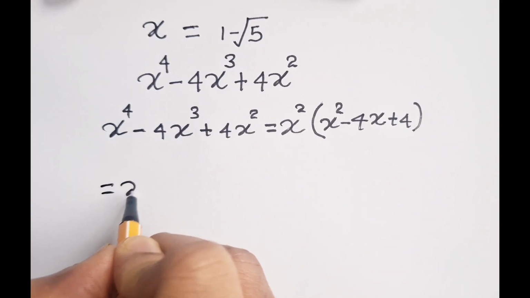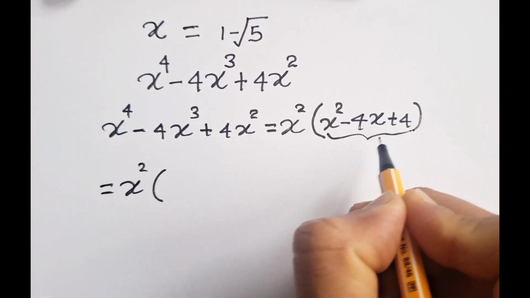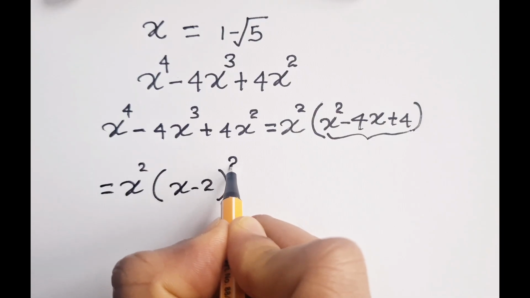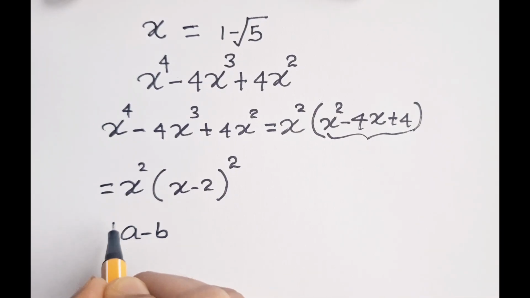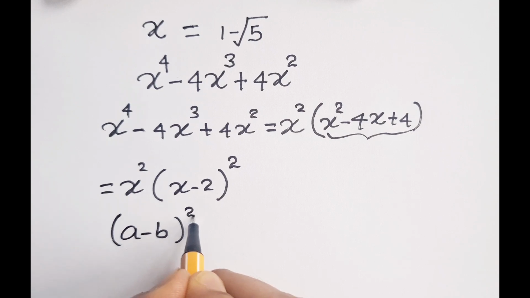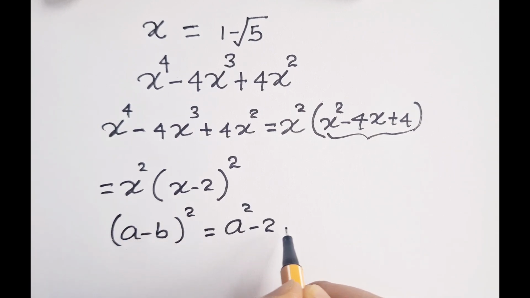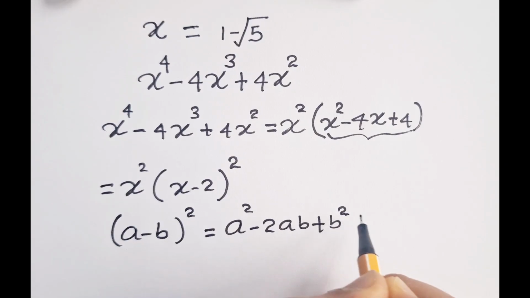This is equal to x square times this one. We can rewrite this one as (x minus 2) square. We know that (a minus b) square equals a square minus 2 times ab plus b square.